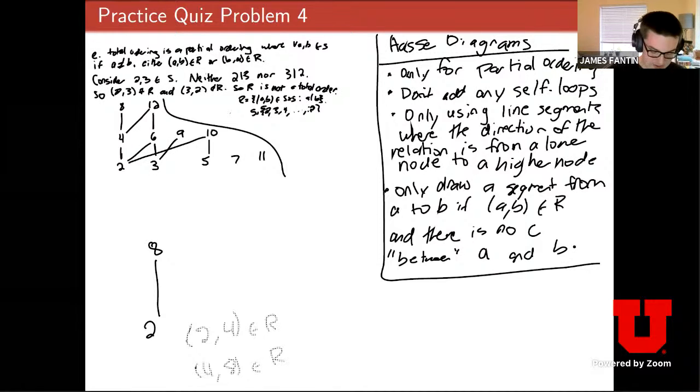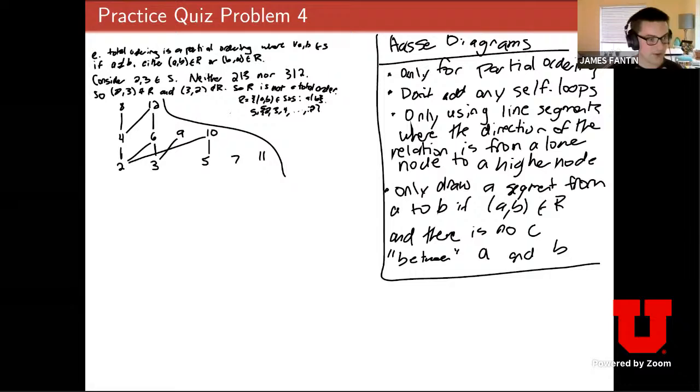When you're drawing them, let me explain a little bit more of the thought process behind this. I always like to start at the smallest elements, because you know those are going to be at the lowest level of your diagram. We're relating A to some B, so we start with the smallest element, 2. Then you just need to figure out what element 2 is related to, and then whether those elements are related to anything else. Whenever we're at a bottom level, we're always drawing nodes up.